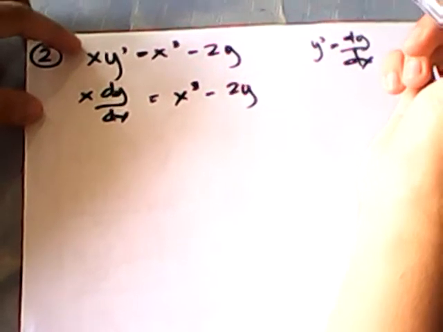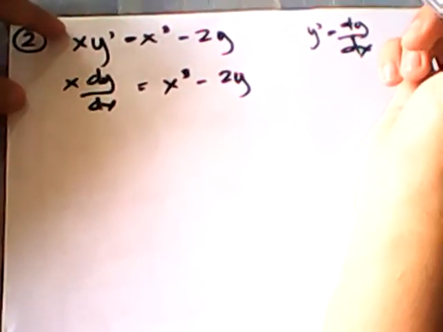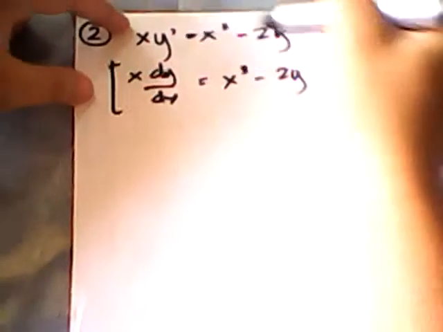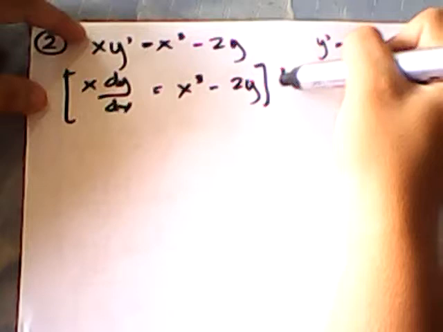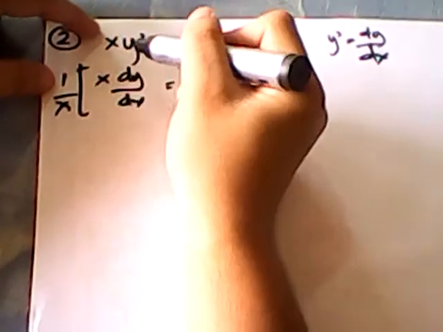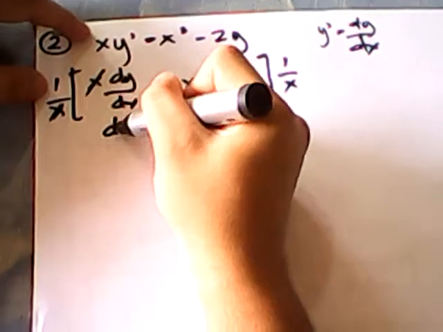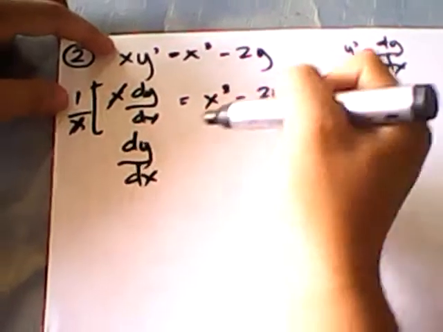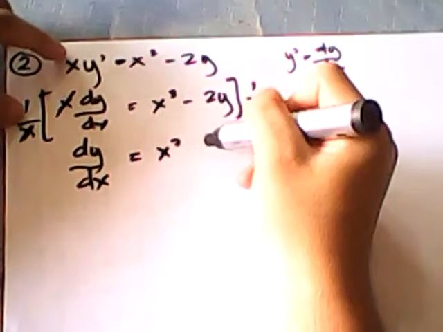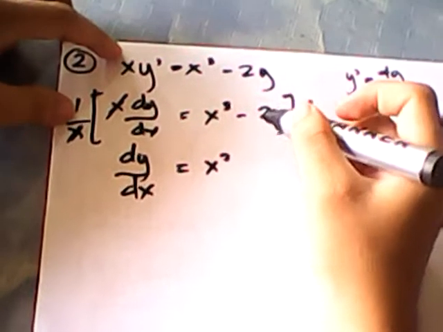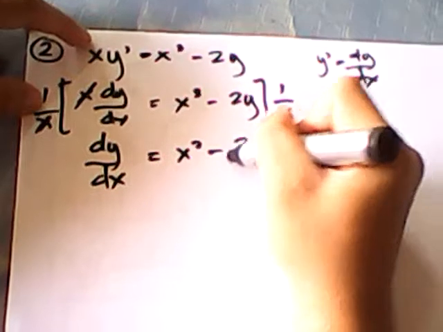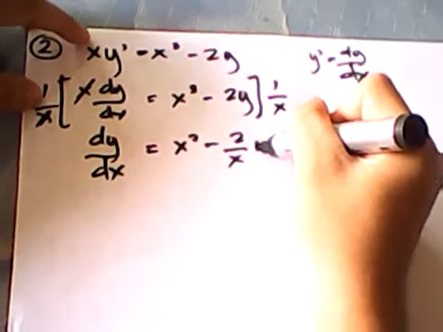Now to get the differential form, you have to divide both sides by x, so dy dx is equal to x squared minus 2 over x y.